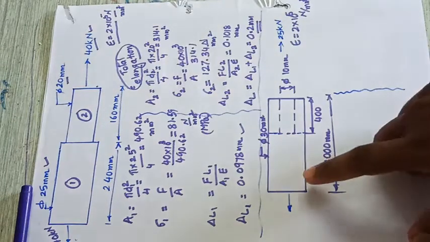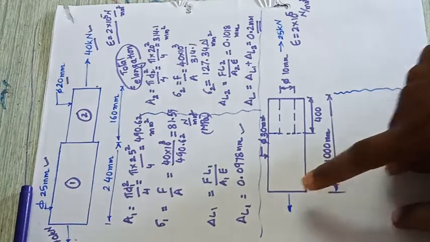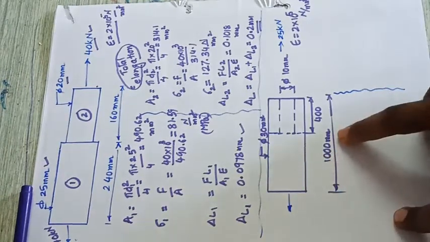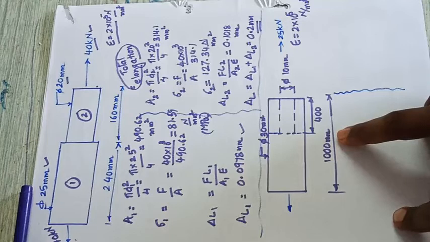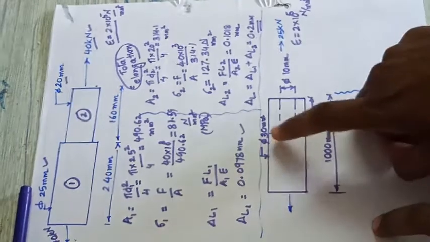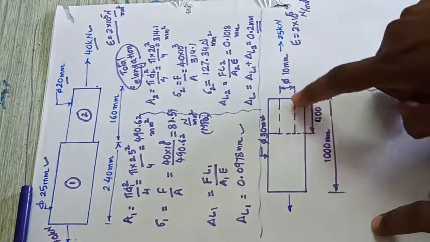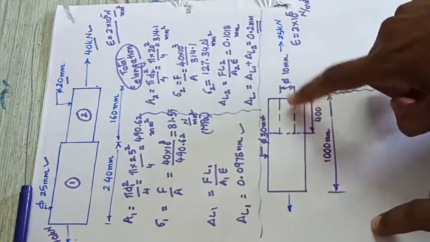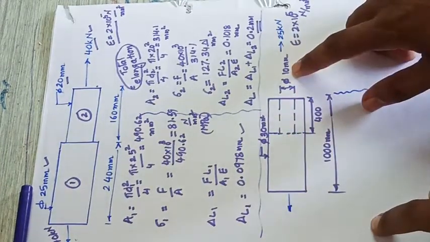So this is the problem which has a bar of 1000 mm, 1 meter length, having a diameter of 30 mm, and there is a drilled hole inside, which is of 10 mm.